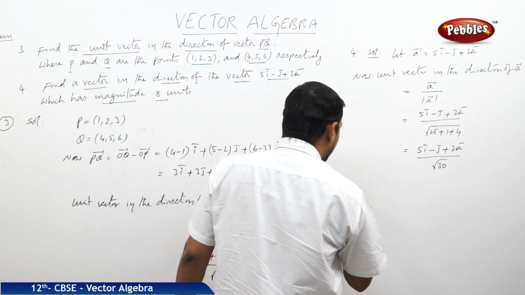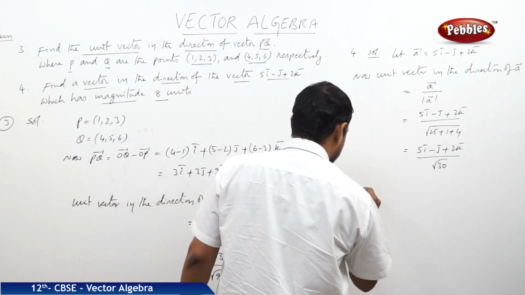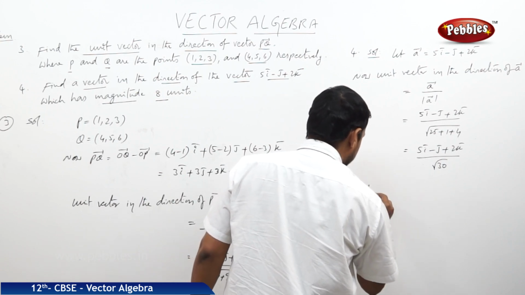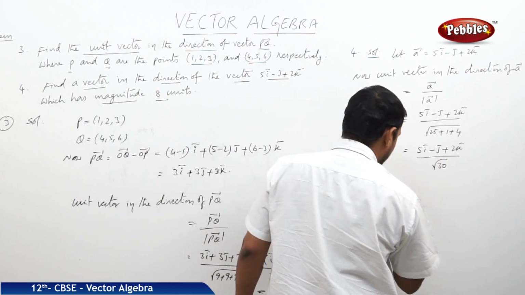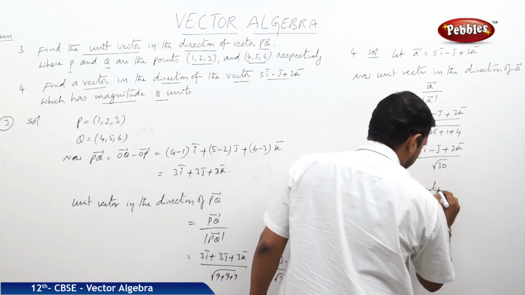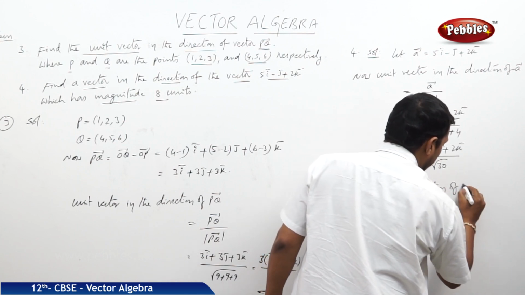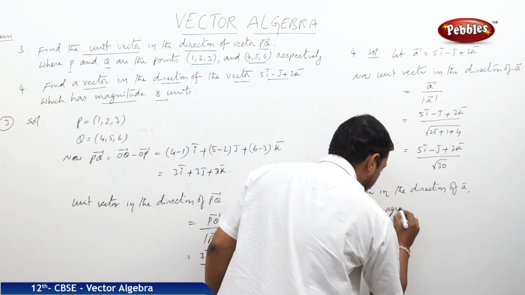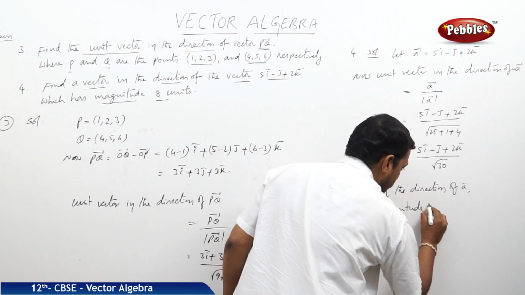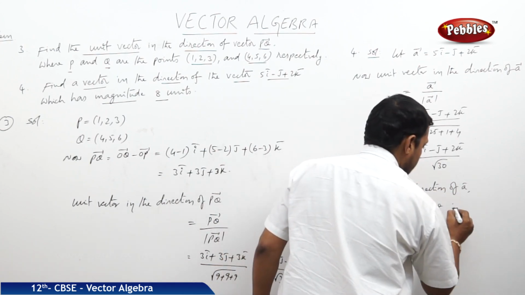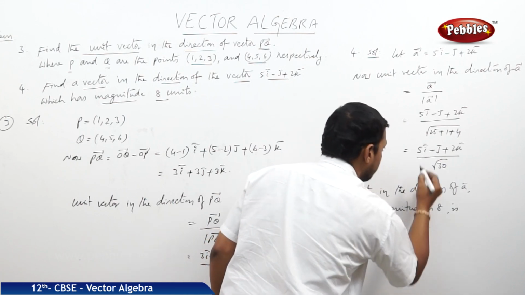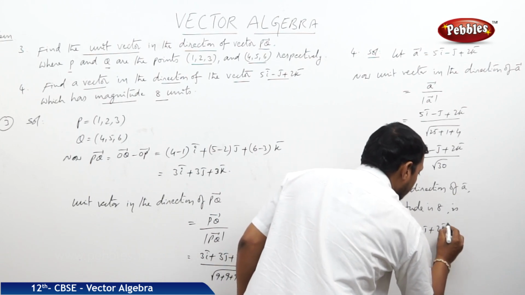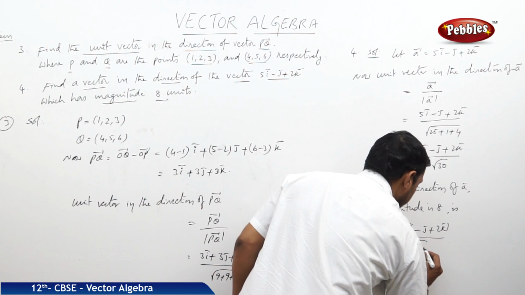Now the required vector in the direction of a bar and whose magnitude is 8 units is 8 times (5i minus j plus 2k) by root 30.